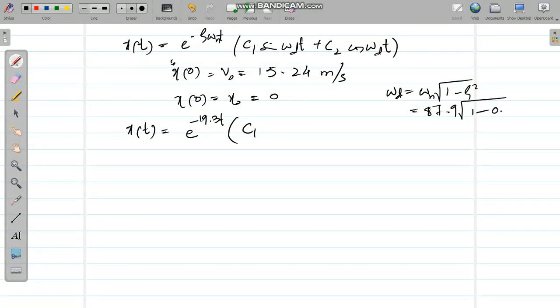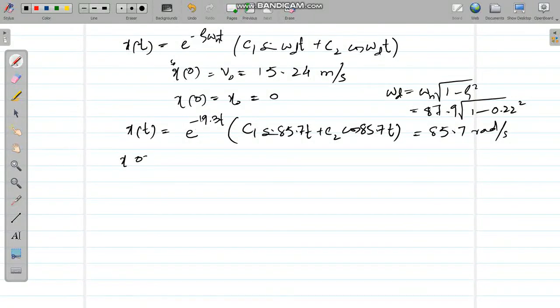Times the square root of 1 minus 0.22 squared, you get 85.7 radians per second. Clear? This is what omega d is. So C1 sine of 85.7 t plus C2 cos of 85.7 t. Clear?